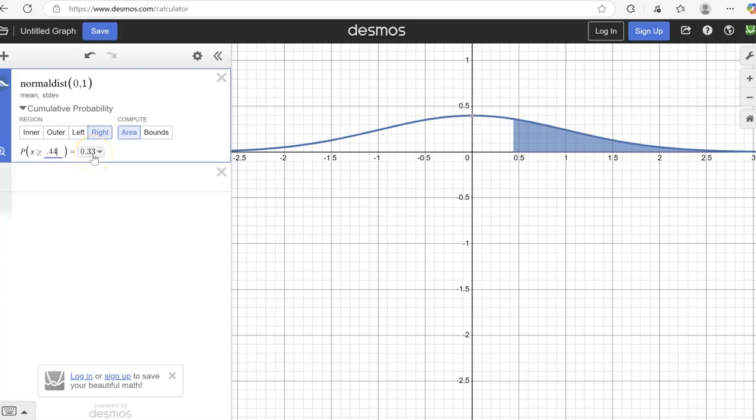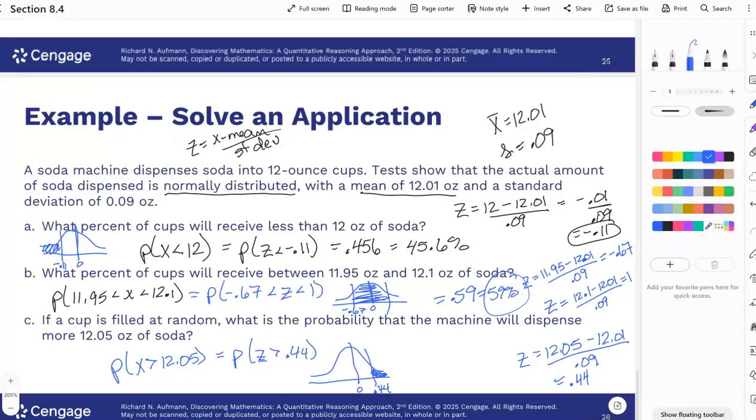And that's going to be 0.33. Or 33%. So that's how we could use the normal distribution to help us solve problems.